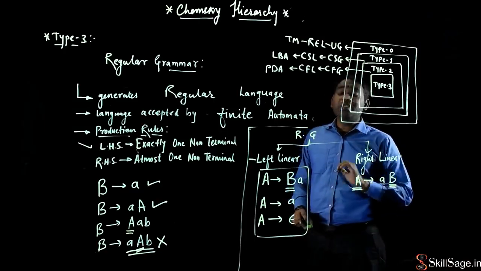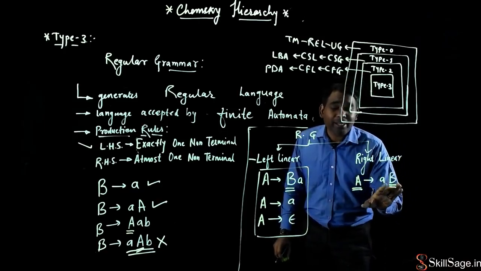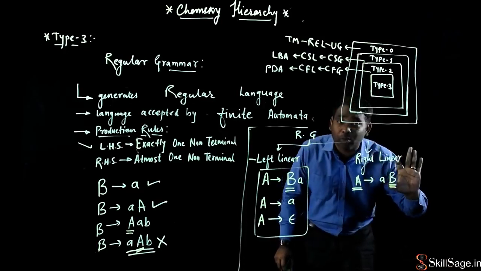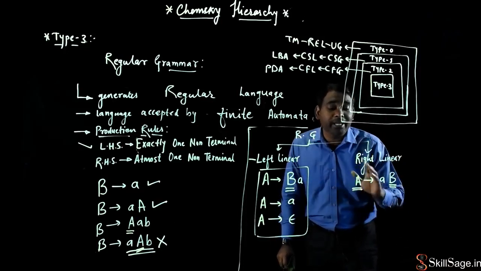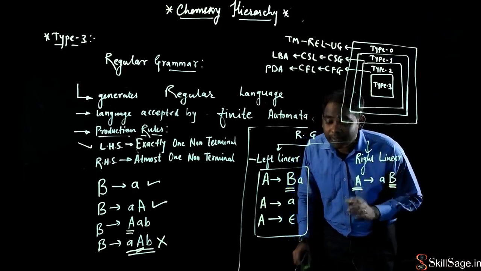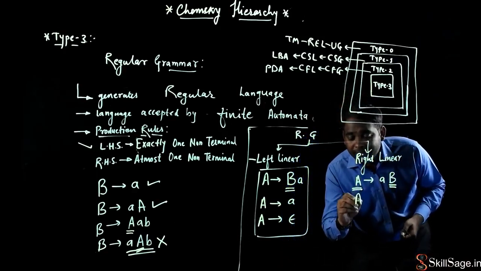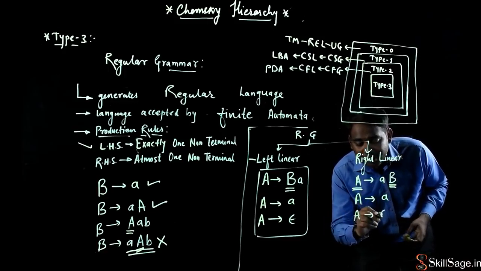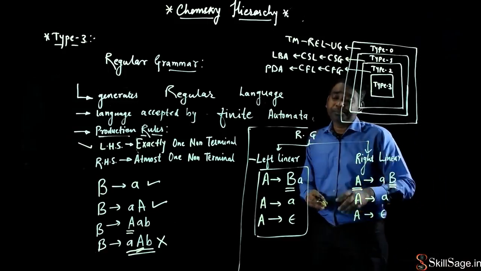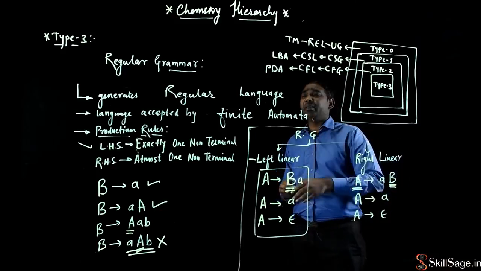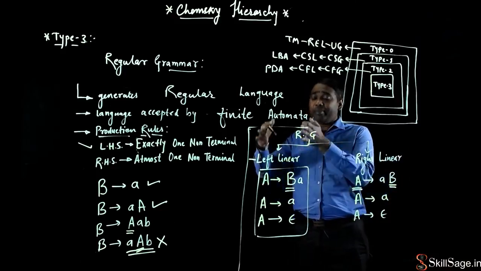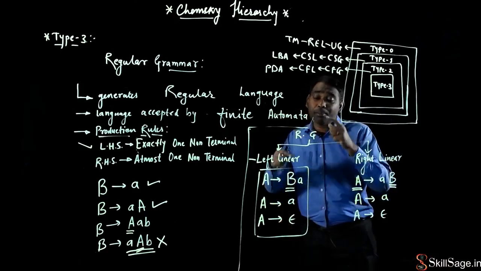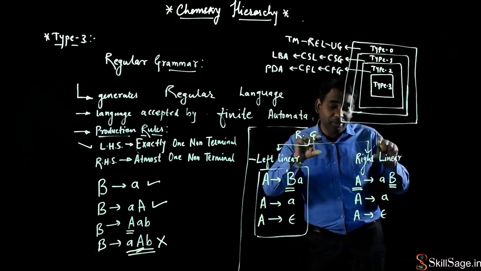But what is the position of this B? B is present on the right hand side of the production rule, and the position of B is the rightmost symbol. So that is why it is called a right linear regular grammar. So I can say it can be like this: A produces small a, or A produces epsilon. It means the regular grammar says that there is one on the left hand side and at most one on the right hand side, but the position of that non-terminal symbol has to be fixed.